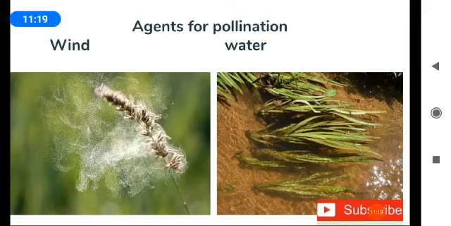Grass-like flowers have powdery pollen grains. These pollen grains are carried by wind to other flowers. Then through water, pollen grains are transferred from one plant to another plant.